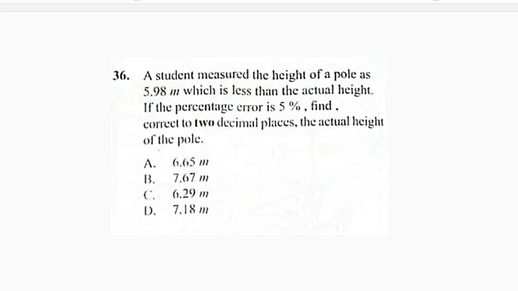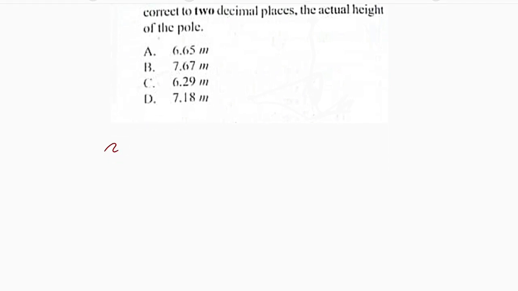Okay, I would like to declare the original or actual height with x. The formula remains the absolute measure divided by the actual measure multiplied by 100%. So we have percentage error to be equal to the absolute measure. Absolute measure is nothing but the difference between the original height and the estimated height.